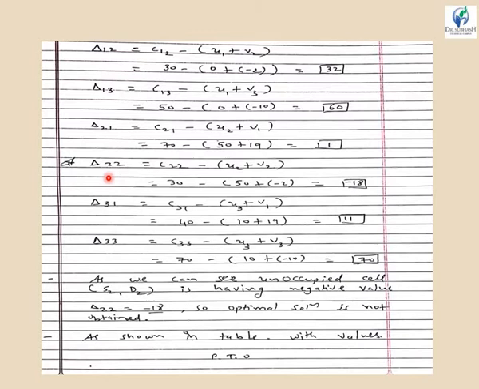Similarly for this cell, this is 50 minus 2, that is 48, so 30 minus 48 will give you minus 18. Similarly for delta 1,3, when you substitute all those values, you will get 11. Then delta 3,3, the unoccupied cell, you will get 70.